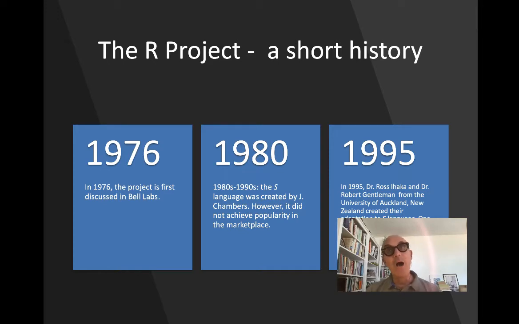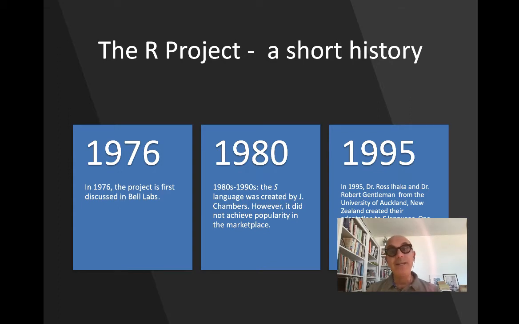Bell Lab was later sold to AT&T, but in the 1980s and 1990s, John Chambers created the S language, and he tried to sell it to an audience but was not very successful, and as a result he gave up on the idea of the S language.